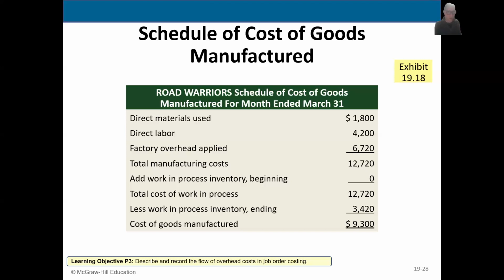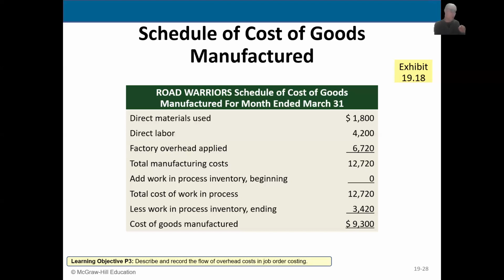And of course, it's a relatively simple process. We take direct materials used plus direct labor plus factory overhead applied to get the total manufacturing cost, plus any beginning work in process inventory balance minus ending work in process inventory balance equals the cost of goods manufactured.